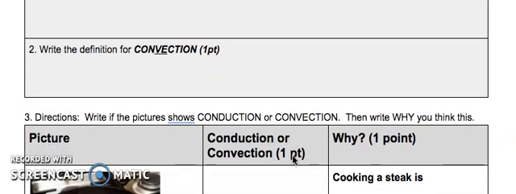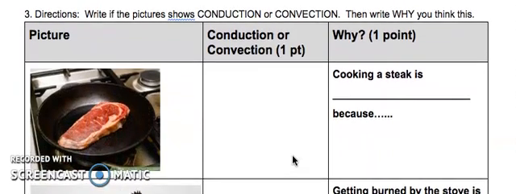Okay, students, next, number 3, it says, write if the picture shows conduction or convection. That's 1 point. Then write why you think this. That is another point. So here is a picture. It is a picture of a steak getting cooked in a pan on a stove. Okay, so is the steak being cooked through conduction or convection?